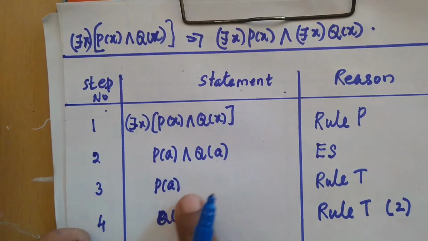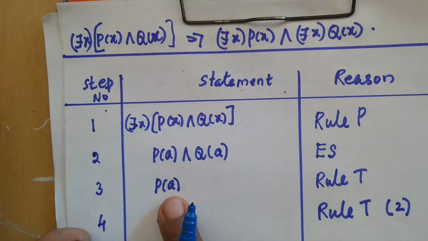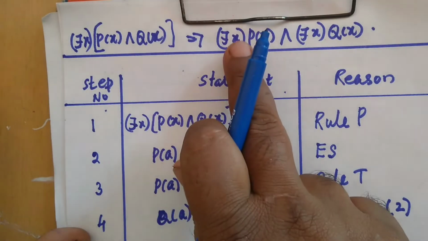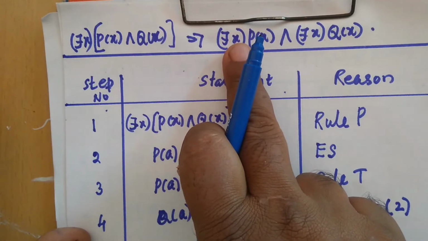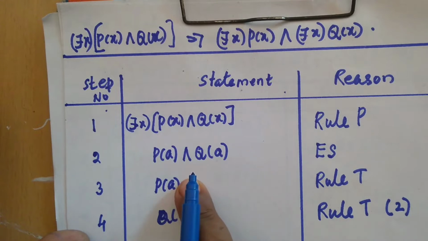Once again we make it there exists x, P of x. If it is P of A, it is for a particular value. Instead of P of A, we can use there exists x, P of x. So that is there exists x, P of x. This is for P of A.